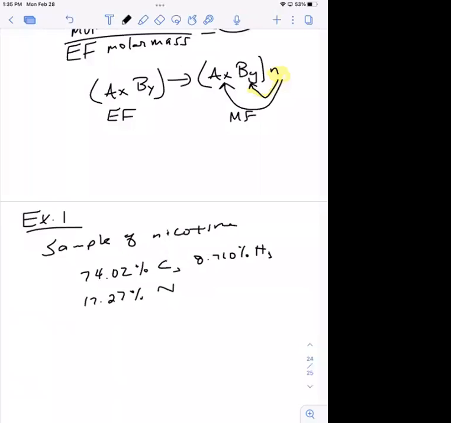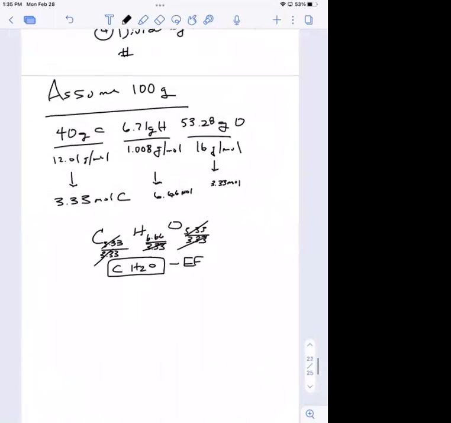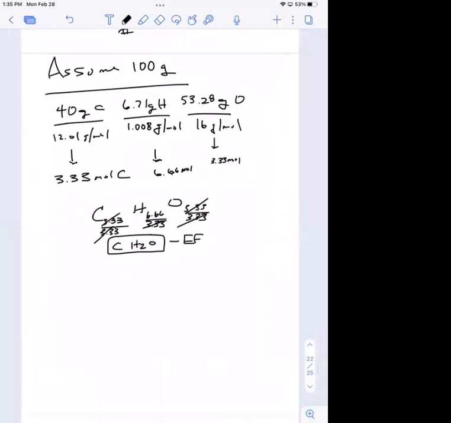This is the percent composition. What can we use this for? What do we use it for up here? We converted each of them to the mass and then divided them to get the moles, right?